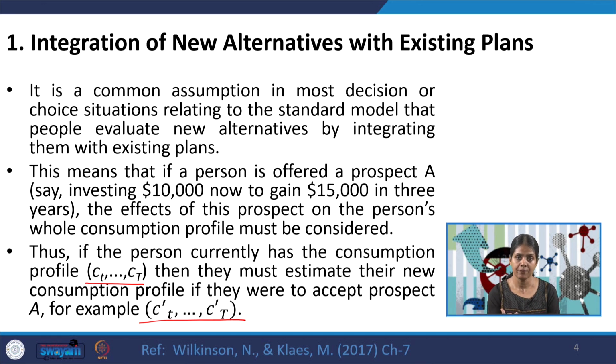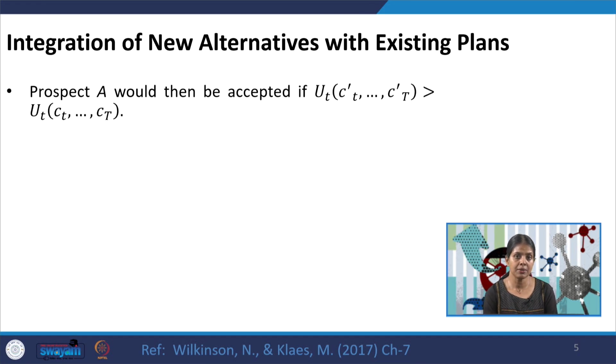So, basically there is an additional wealth that has been incorporated, and how it is going to change your consumption pattern is given by this new profile. Prospect A would then be accepted if the utility generated by this new profile is greater than the utility generated by the existing or old profile.